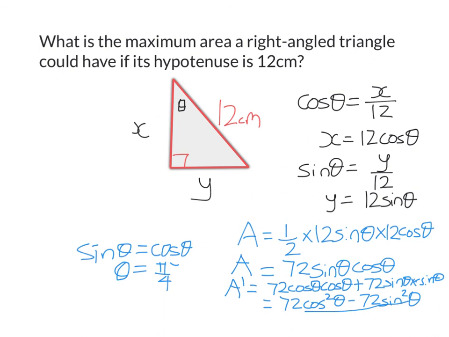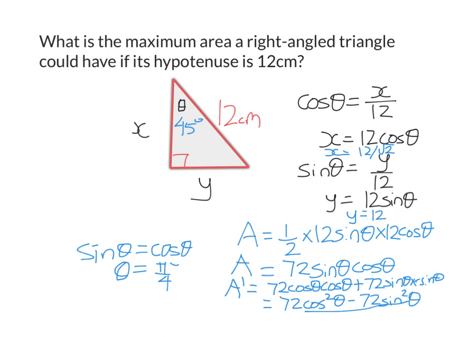So that means that the maximum area occurs when this angle here equals pi on 4 radians or 45 degrees. If theta equals 45 degrees, then x is equal to 12 cos 45, which is 12 on the square root of 2. And y will be the same.